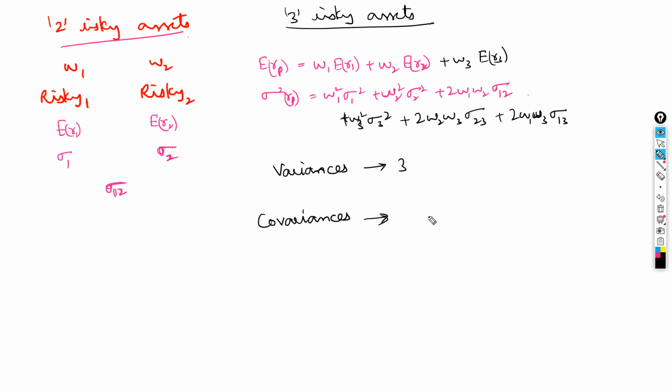And if you have 3 risky assets, you'll have 3C2 because 1,2, 2,3, 1,3 combinations. This is written as 3 factorial by 2 factorial into 3 minus 2, which is 1 factorial. 3 into 2 factorial by 2 factorial into 1 factorial is anyways 1. These two get cancelled, you get 3. So you have 1, 2, and 3.